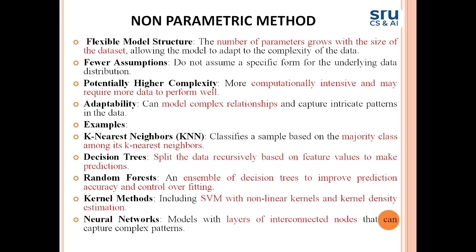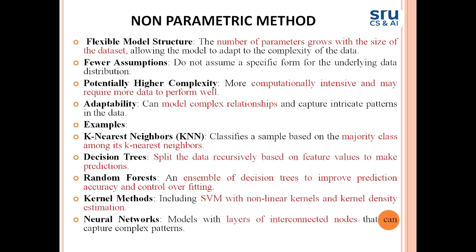Examples here: k nearest neighbors, KNN, which picks the majority class among its k nearest neighbors. In decision trees, we split the data recursively based on feature values to make predictions.